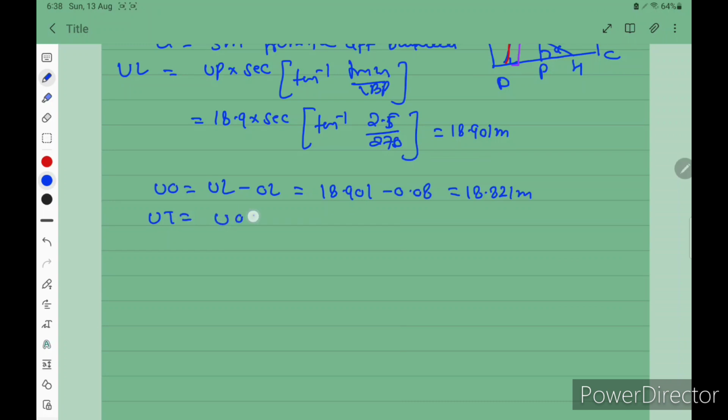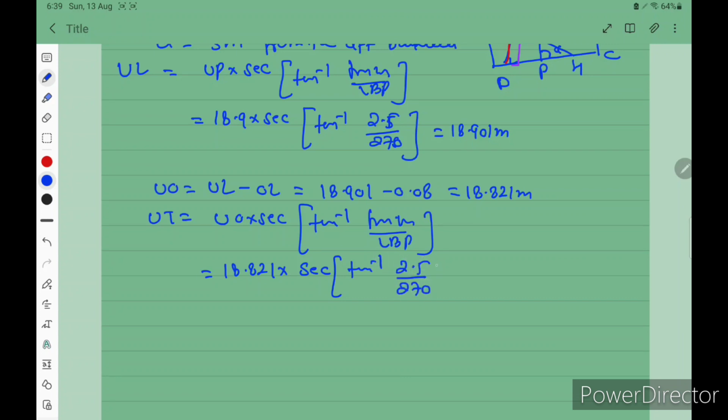UT is equal to UO into sec tan inverse trim by LBP. Therefore 18.821 into sec tan inverse 2.5 divided by 270 is equal to 18.822 meters. So TP is equal to UP minus UT. 18.9 minus 18.822 is equal to 0.078 meter.